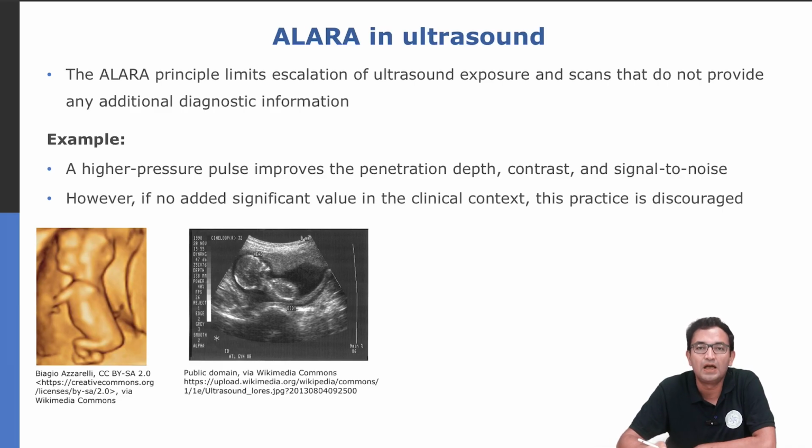Another example is if we have a three-dimensional ultrasound as opposed to two-dimensional ultrasound, right? Appearance wise, the three-dimensional ultrasound looks pretty, but unless there is a clinical reason where the two-dimensional ultrasound fails to provide adequate information and therefore the clinician switches to three-dimensional ultrasound, one should stick to two-dimensional ultrasound because three-dimensional ultrasound involves longer exposure durations and more exposure.